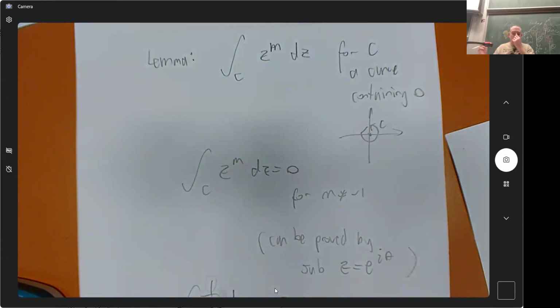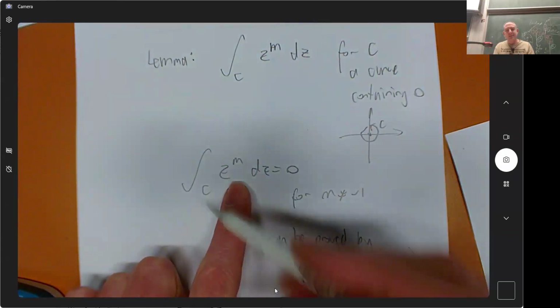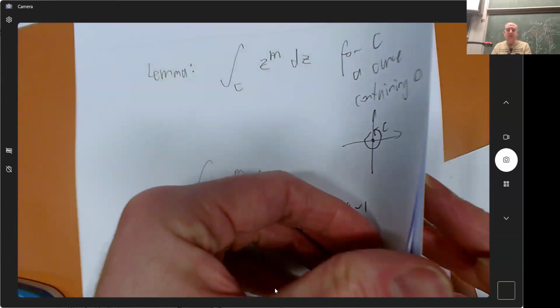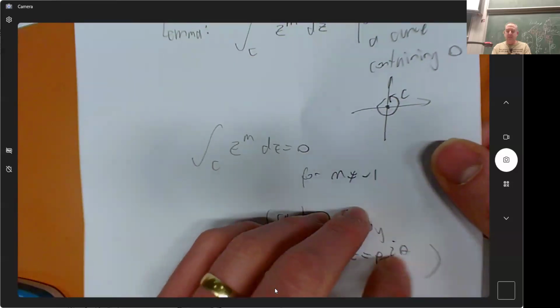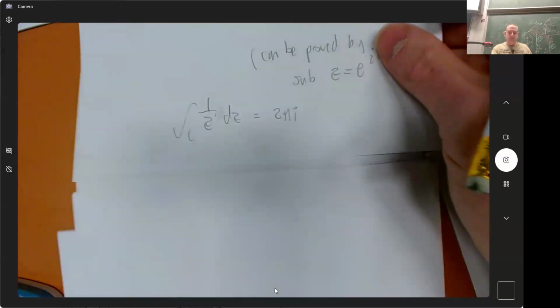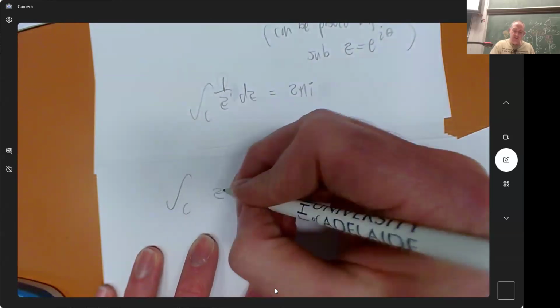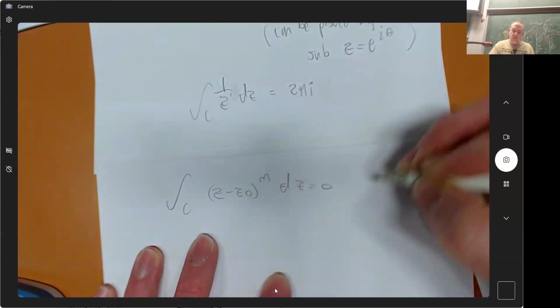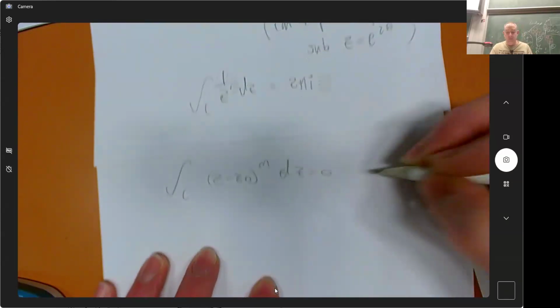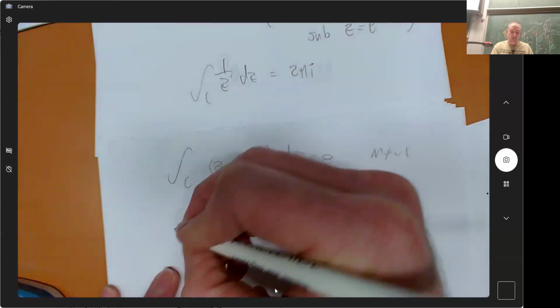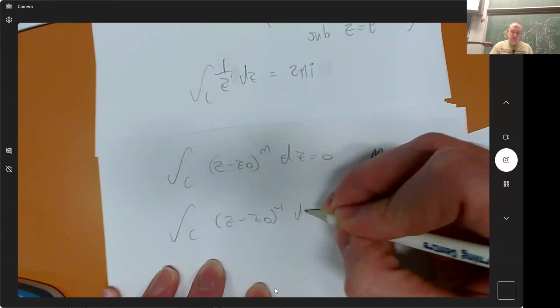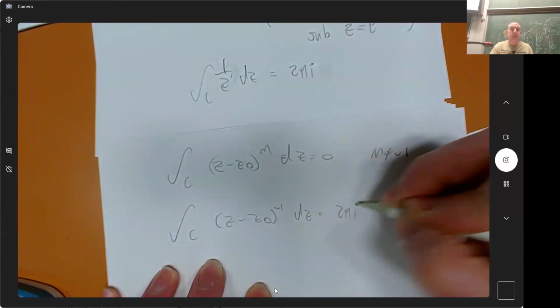It'll work the same. And so this works even if it's z minus z naught to the m. So we can just adjust this to say the integral around C of z minus z naught to the m dz is 0 if m is not -1, but the integral of z minus z naught to the -1 dz is 2 pi I.